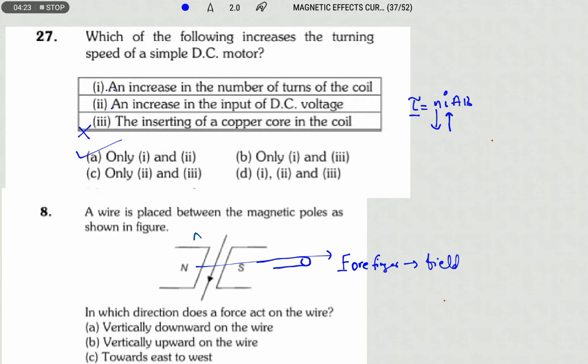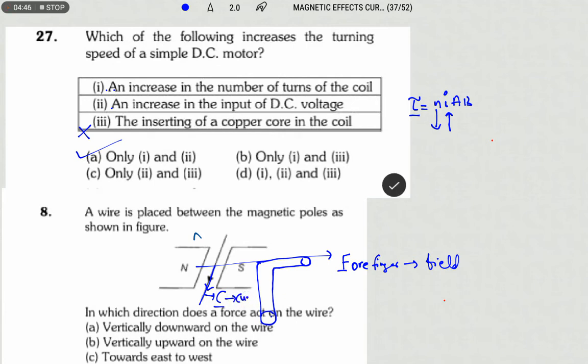Okay. Next, the central finger represents the direction of the current. So we need to stretch the central finger in the direction of the current. C represents central finger, C represents current.